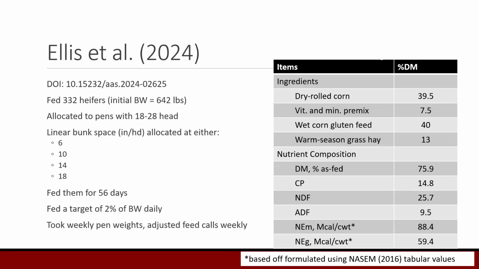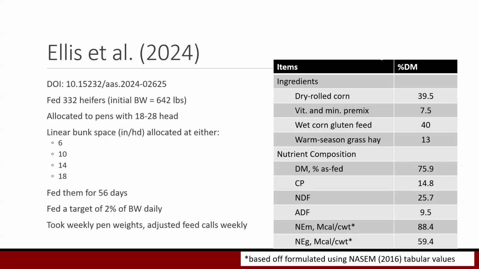What type of backgrounding feed management is this? Someone said the second one, limit feeding, right? Before they were targeting 2.2 pounds per day. So that would be program feeding. So this diet that they fed was right around 59 megacalories of NEG per hundredweight.